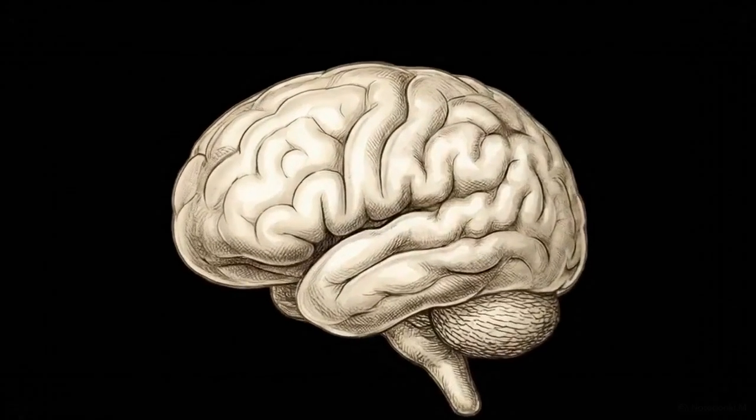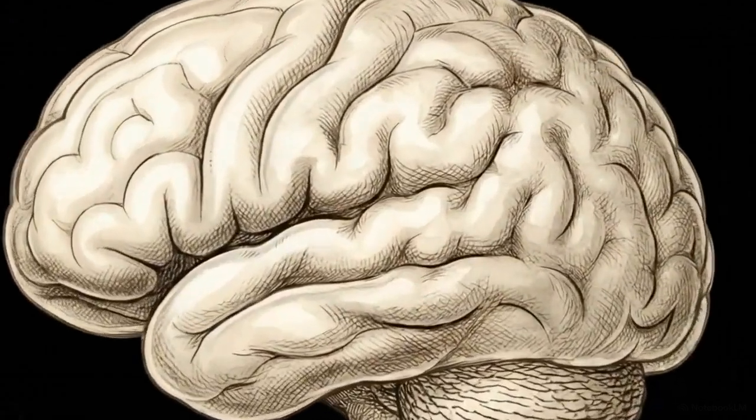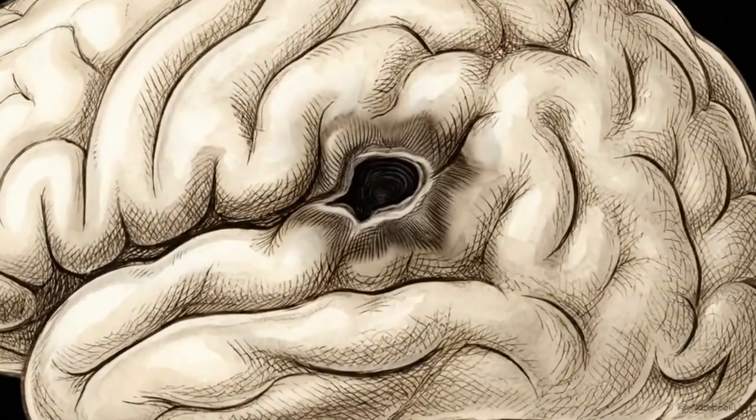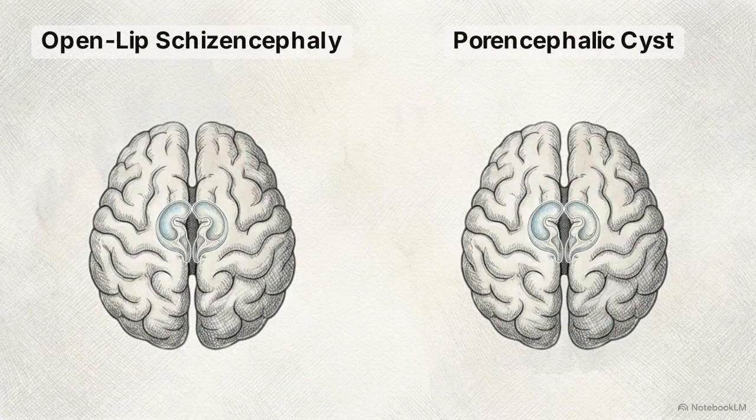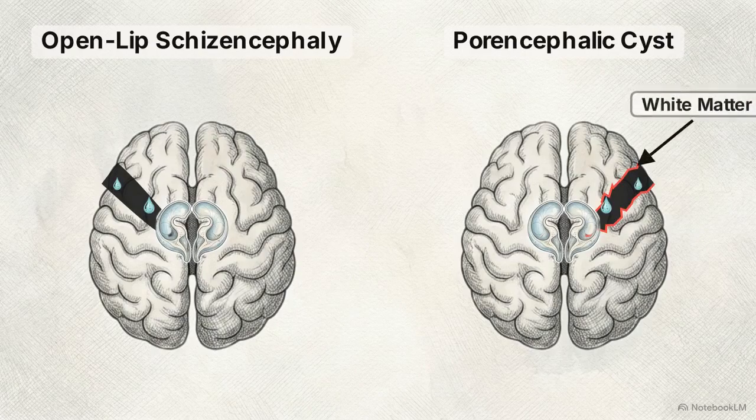The final diagnostic challenge is distinguishing these true embryological failures from severe destructive events that occur after the brain has formed. Compare open-lip Lissencephaly with a porencephalic cyst. Both present as large defects connecting the ventricle to the surface. Porencephaly is an acquired injury, so its border is lined by white matter.